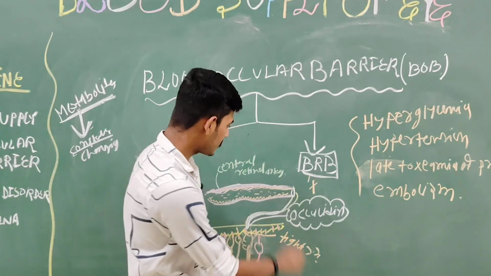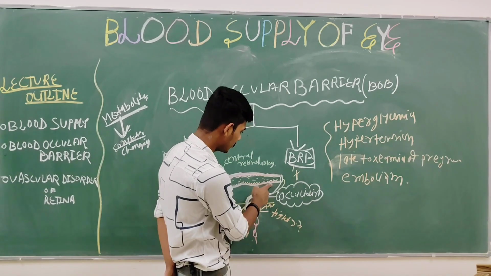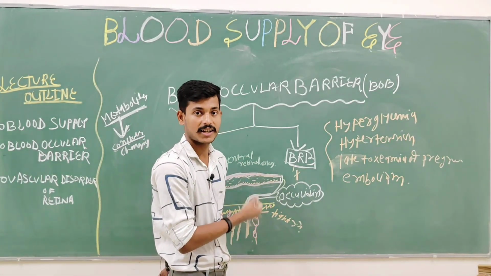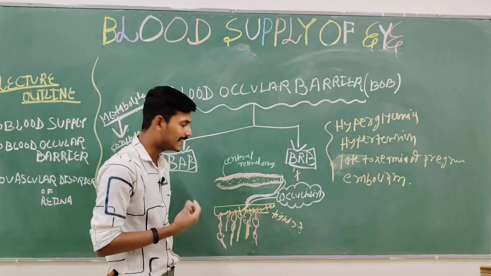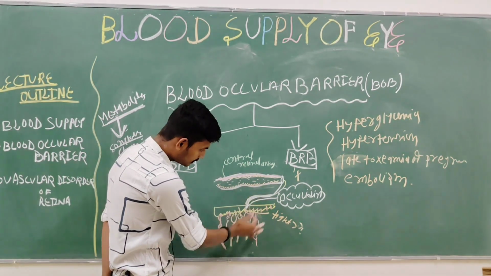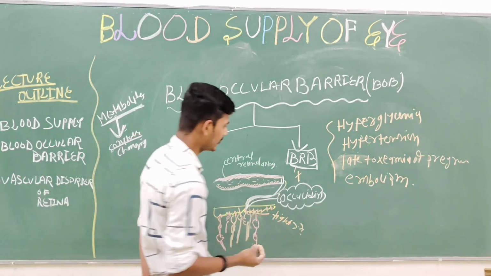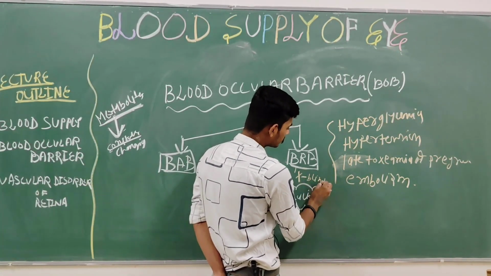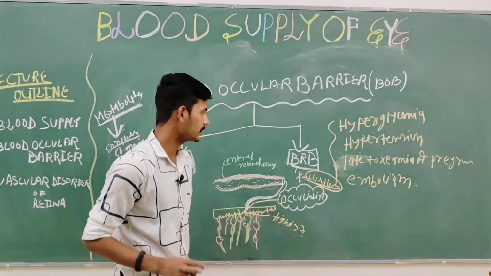And once this blood-retinal barrier is destroyed, there will be leakage, extravasation of the fluid, and that comes into this environment and leads to blindness. In prolonged time that leads to blindness.